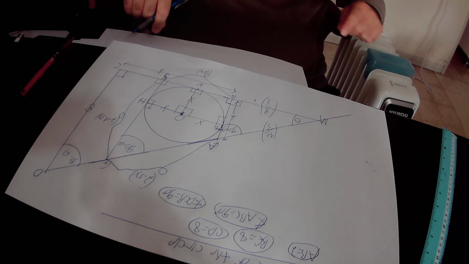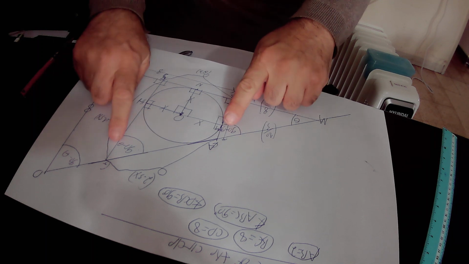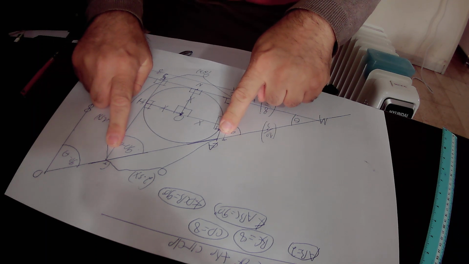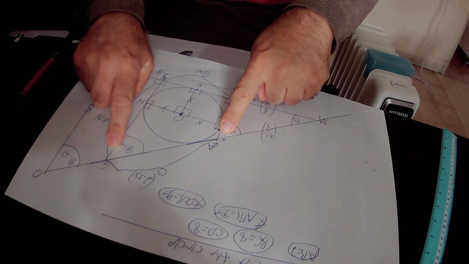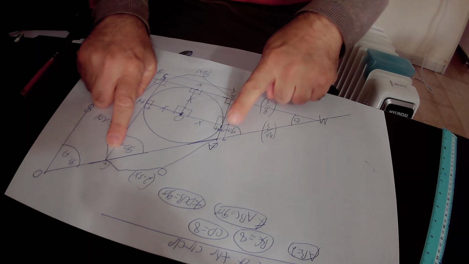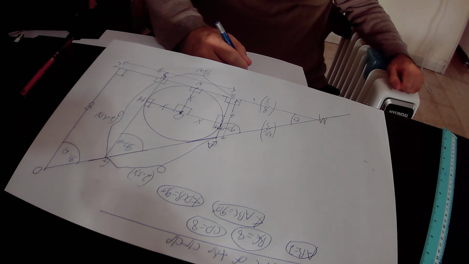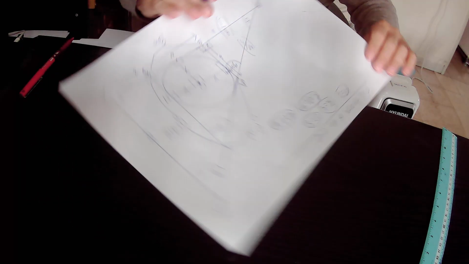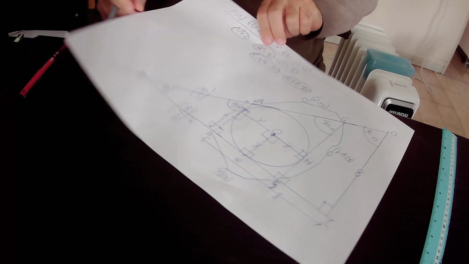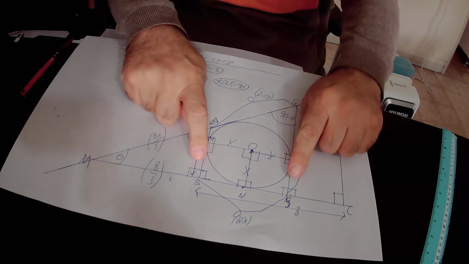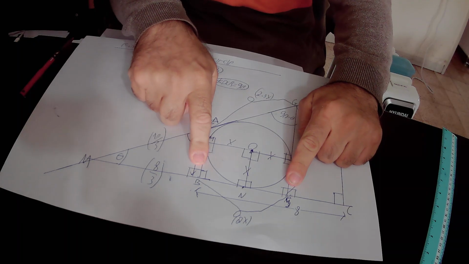What is the length of line segment AG? We can clearly see that AG equals 2.5x, so we substitute AG in the equation by 2.5x. What is the length of line segment BS?